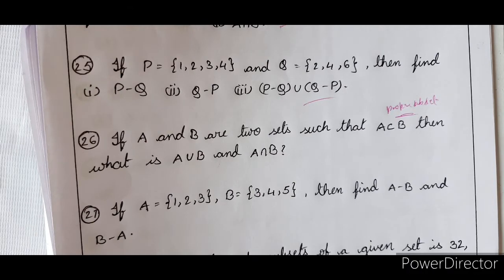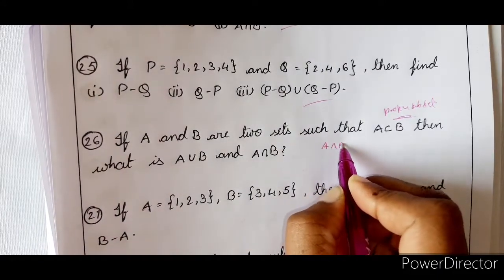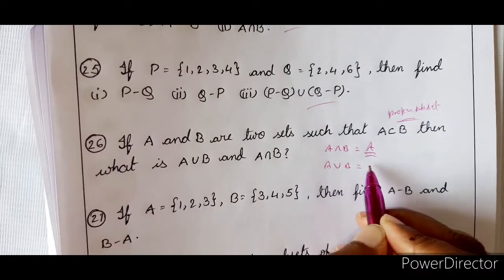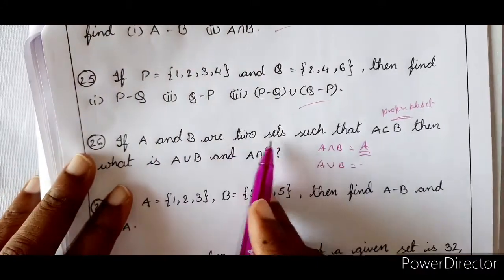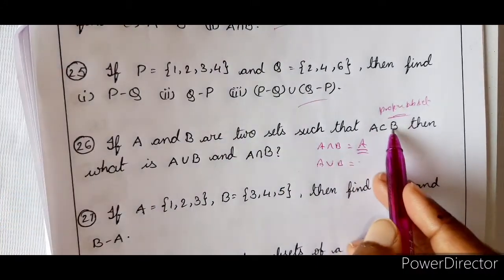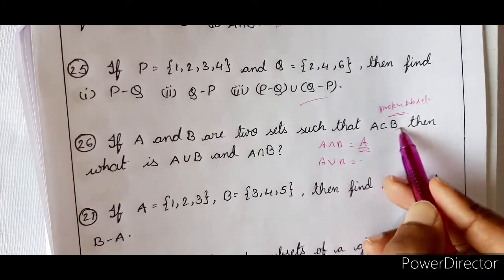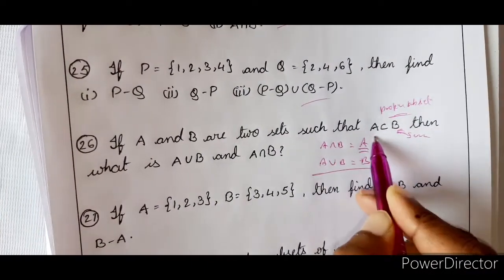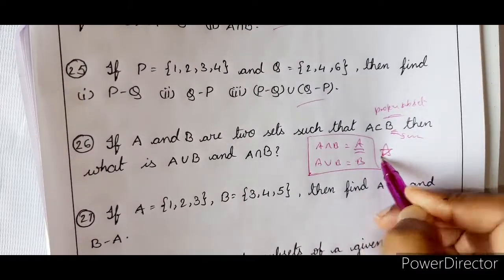A and B are two sets such that A is a proper subset of B. Then A intersection B is definitely A only. And A union B is definitely B, the bigger set. B is a universal set, what you can say. Therefore, it is B. Very important.